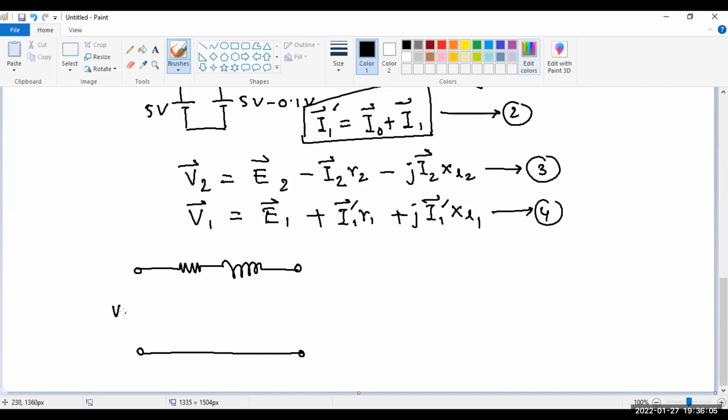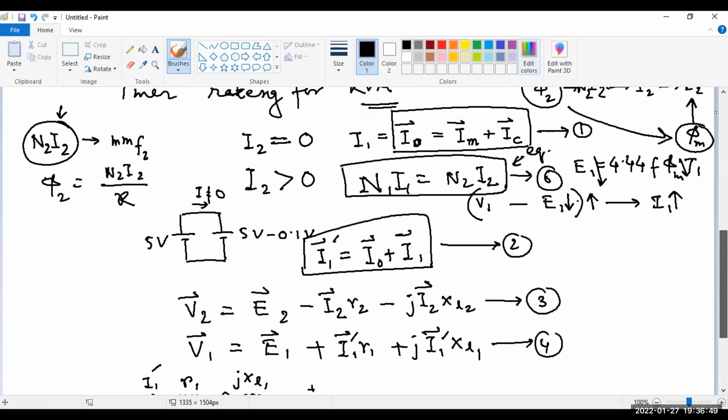So this is the V1 and this is the E1, and current flows like this, and this current should be I1 prime, I1 dash, and this resistance will be R1, and this reactance should be XL1, leakage reactance. Sir, can we represent the E1 with a voltage source? Yes, but now it is not required. As for the polarity, you can mention it, just like he has mentioned.